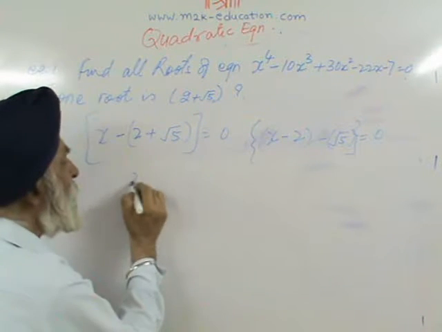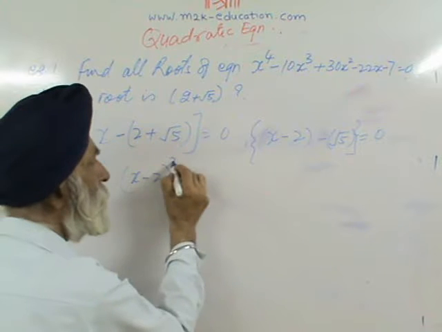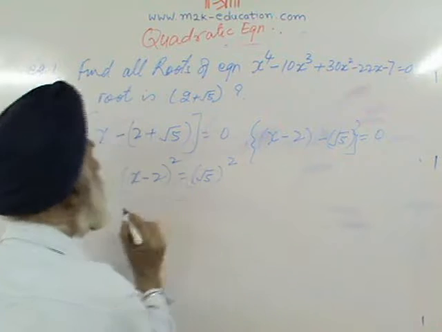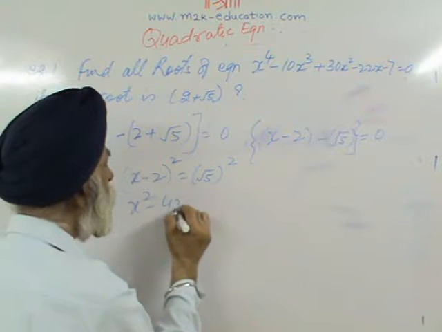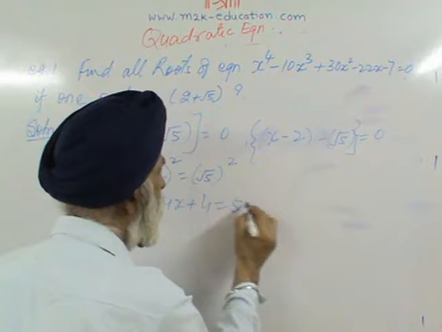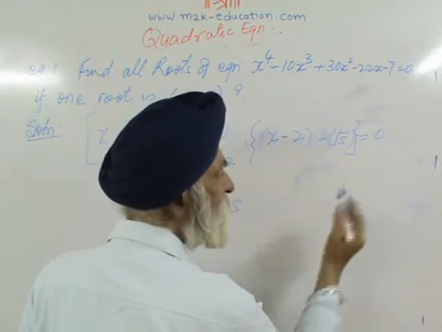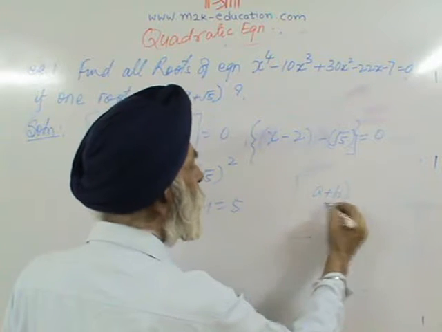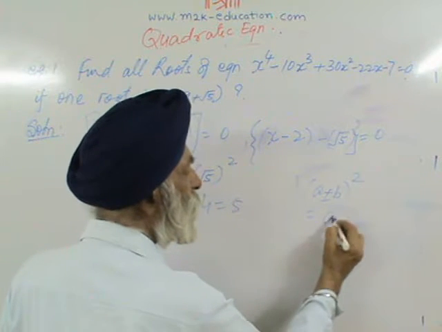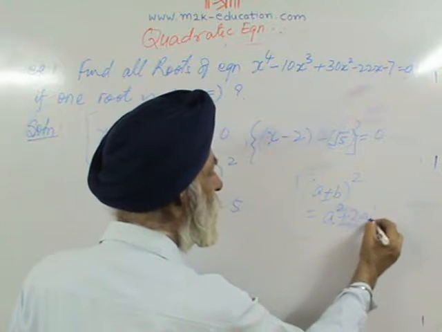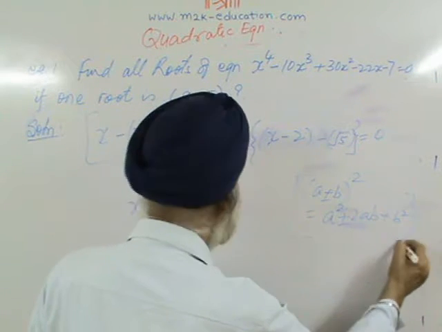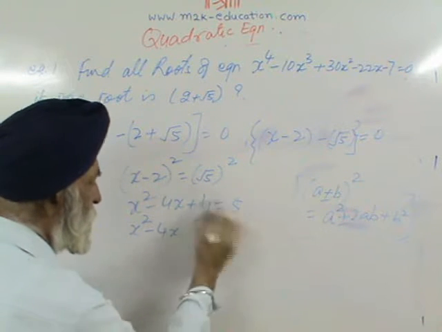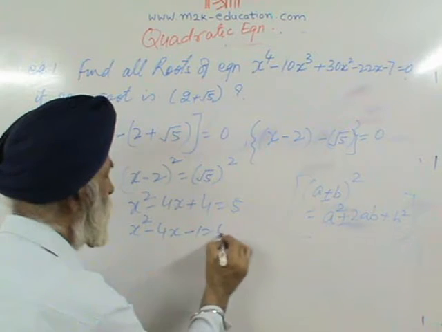I can also write it like this, or x square minus 4x plus 4 equal to 5. The basic which you have studied is a plus b whole square or minus b whole square equal to a square plus minus 2ab plus b square. So I get this further as x square minus 4x minus 1 equal to 0.